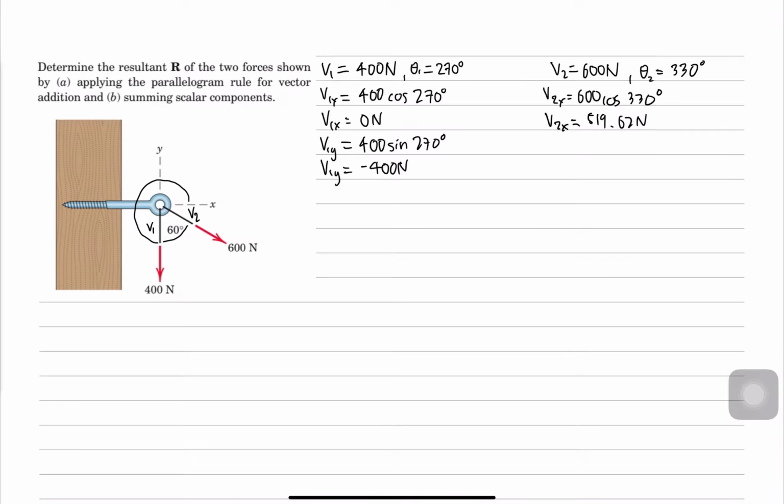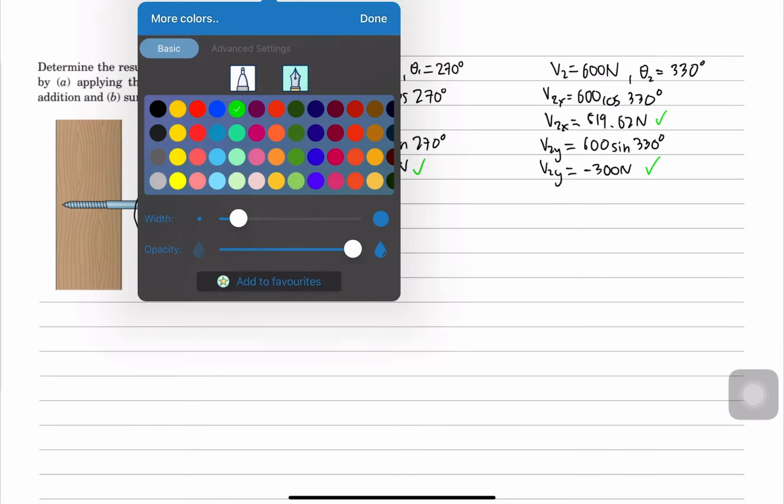Now for vector 2y, you can guess it, just change the cosine into sine. Then plug that into the calculator. We should have negative 300 newtons. So we have completed the components of each vector.